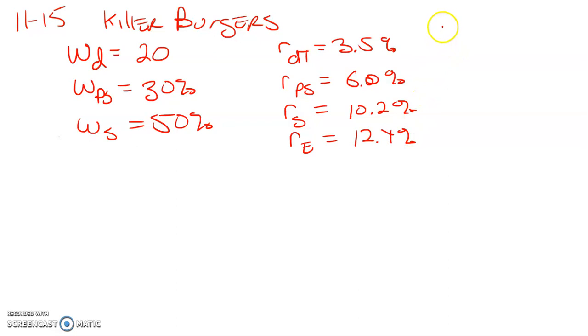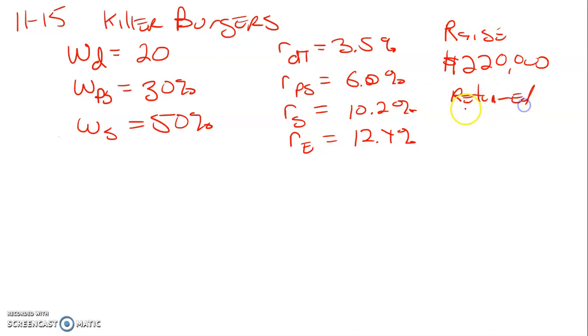So they want to raise $220,000, and then they have retained earnings of $100,000.